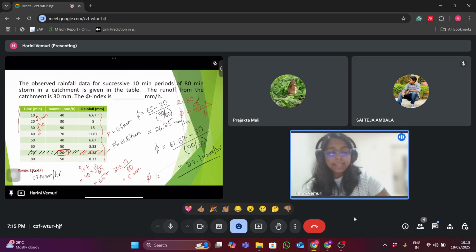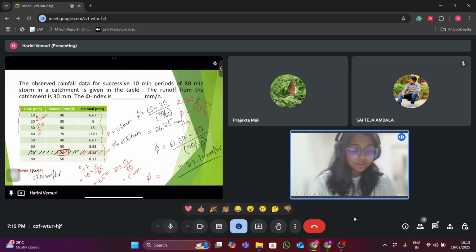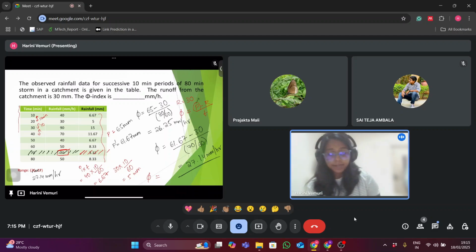So the pi index that I got in the initial iteration is 26.25 mm per hour, and I saw that all these rainfall intensities are greater than 26 mm except in this case, at that 70 minutes interval. Since the rainfall is less than 26 mm per hour, this will not contribute to the runoff. So in the next iteration, when calculating the pi index, I'm removing this particular row.